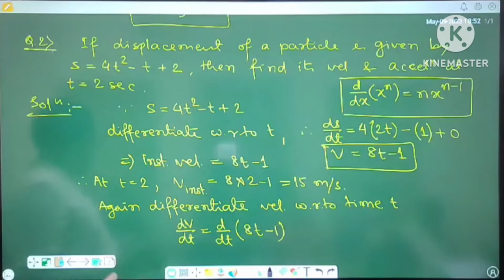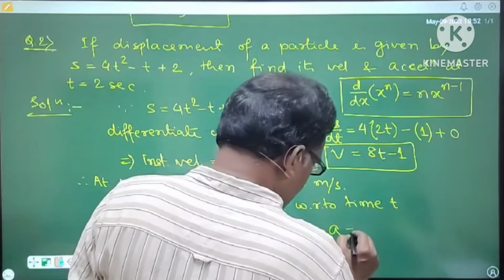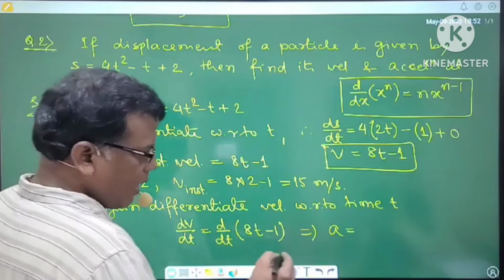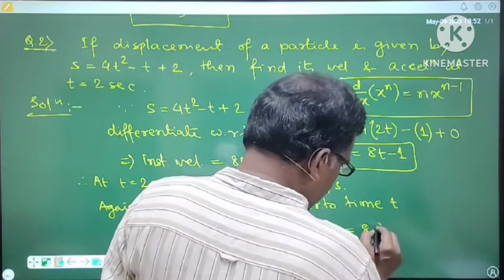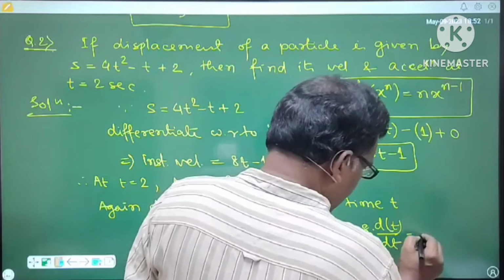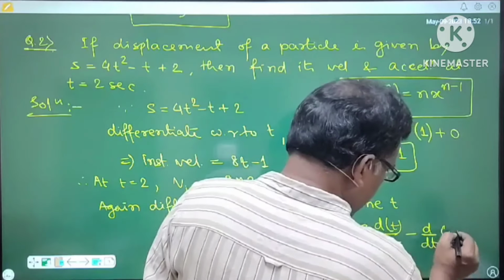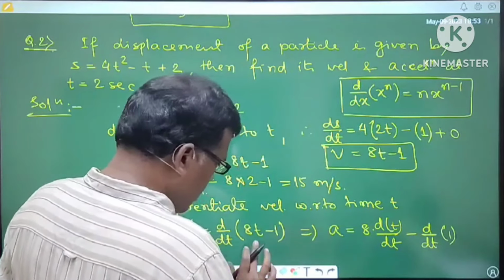So the LHS dv by dt we call acceleration. So acceleration is equal to, 8 is a constant, differentiation of t with respect to t and differentiation of 1 with respect to t. So what will this become?